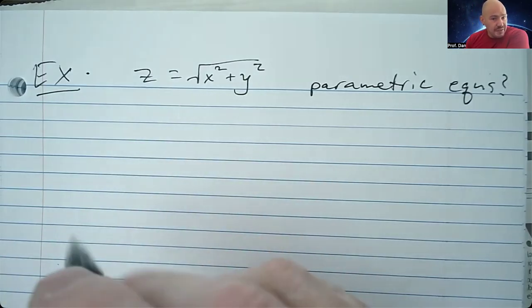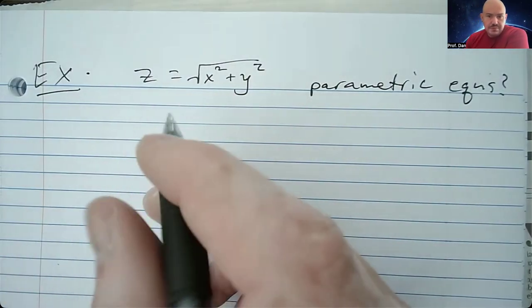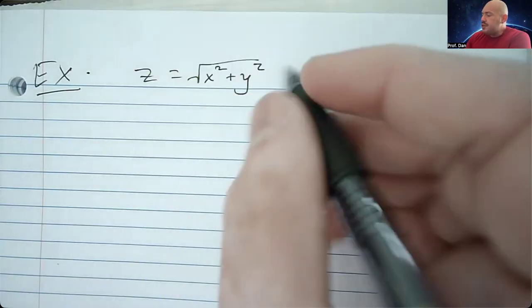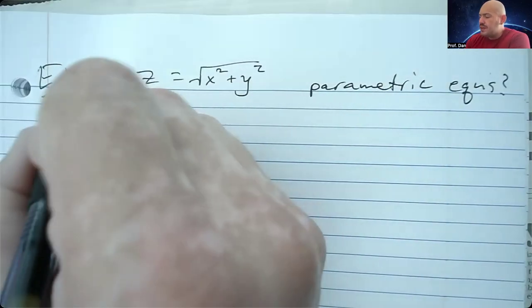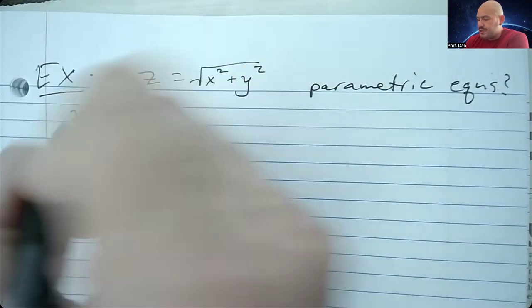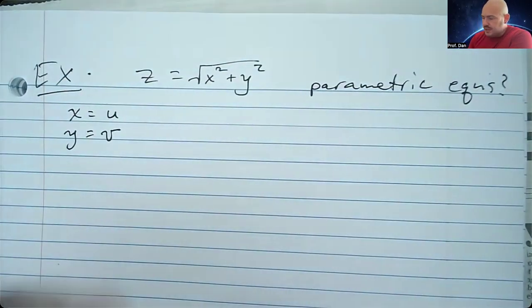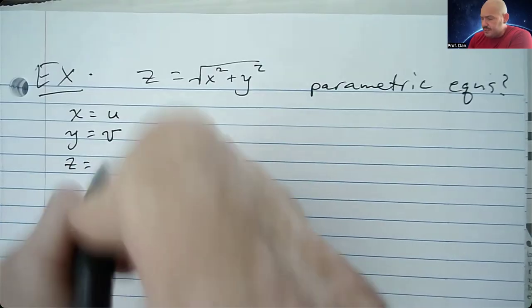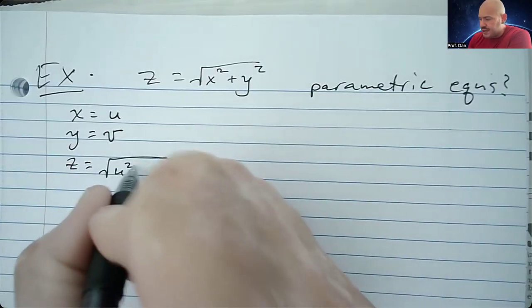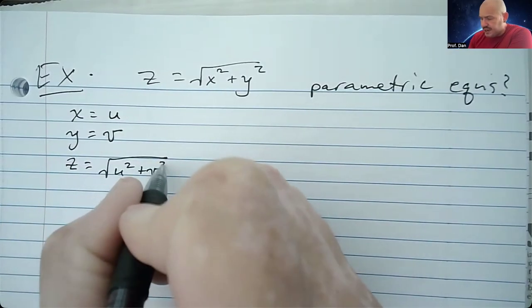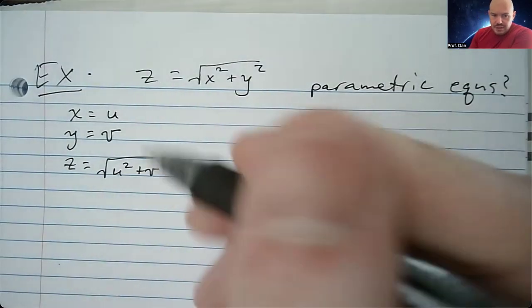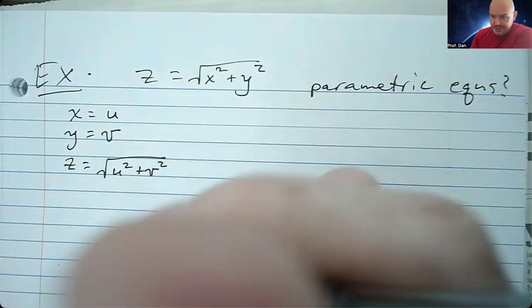Two parameters will give us a surface. So if that were the case, I would let x be u, I would let y be v. That means that z would be the square root of u squared plus v squared. And that would be a set of parametric equations.